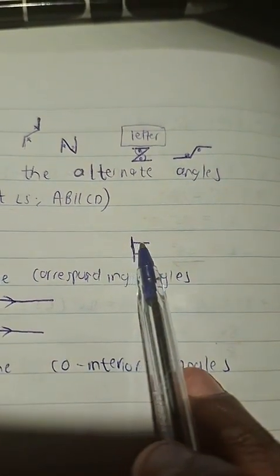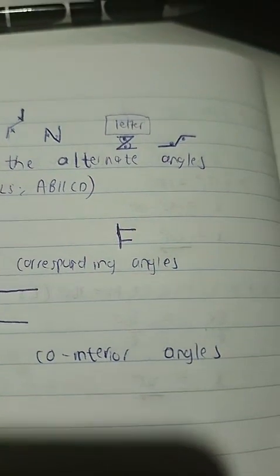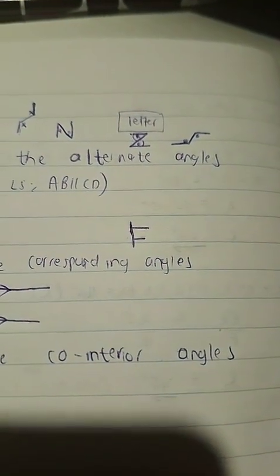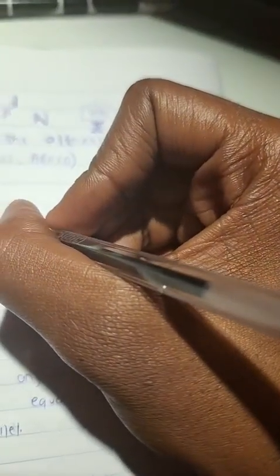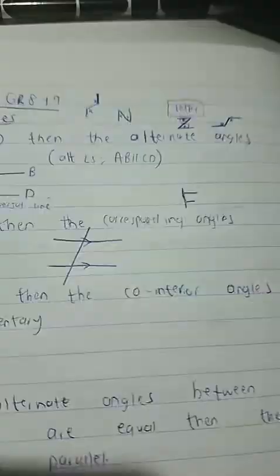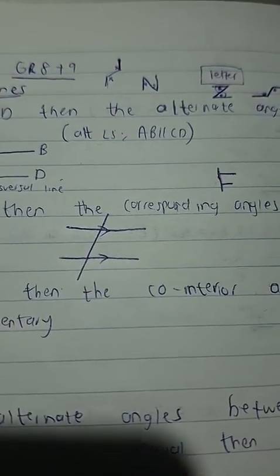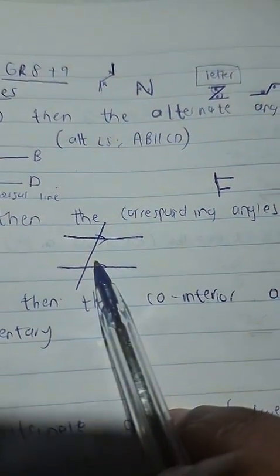It's not an F that ends there, but it extends a little bit more than that. So let's say if we have these parallel lines, we have another transversal line. Our F shape would be on top of this parallel line.